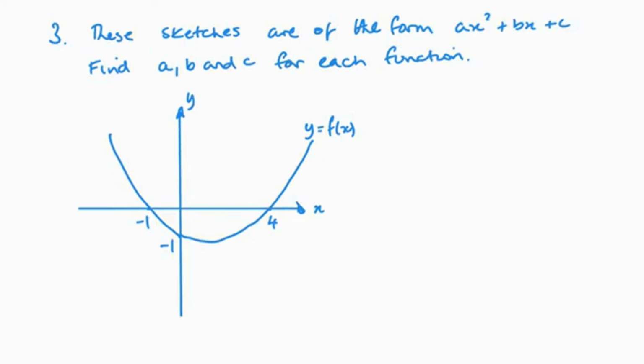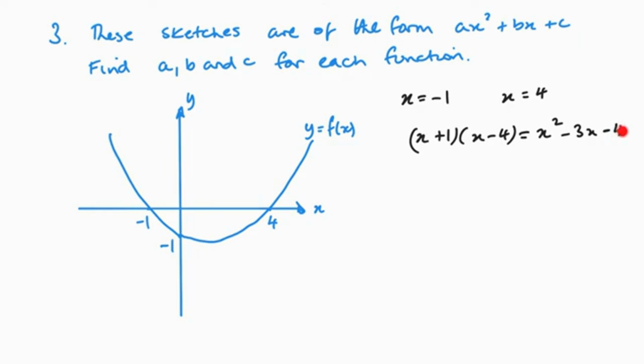I'll start this very much like we did the last one. We know x equals minus 1 and x equals 4. So it's going to be (x plus 1)(x minus 4). That's what we're hoping for. So let's expand this. It's going to give me x squared minus 4x plus 1x is minus 3x, minus 4.